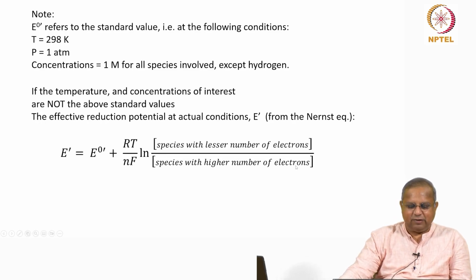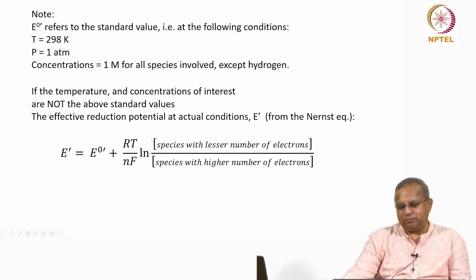So, from the Nernst equation, you know that E dash is the value at actual conditions, E naught dash is the standard value at standard conditions. So, E dash equals E naught dash plus RT by nF ln of species with lesser number of electrons divided by species with higher number of electrons. You might want to write this down. You've seen this multiple times, even in the transport course.